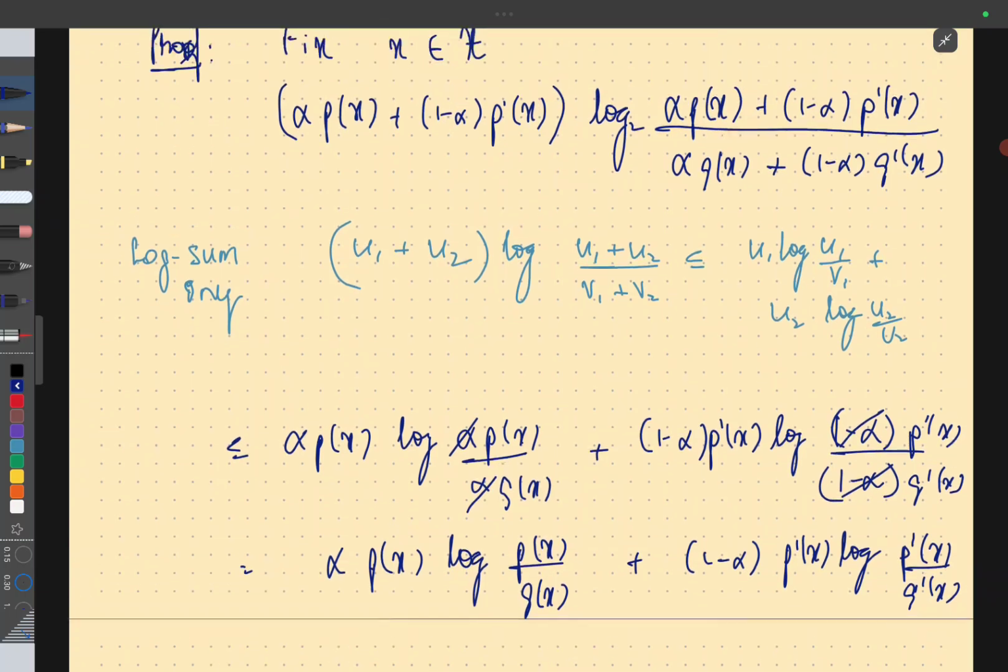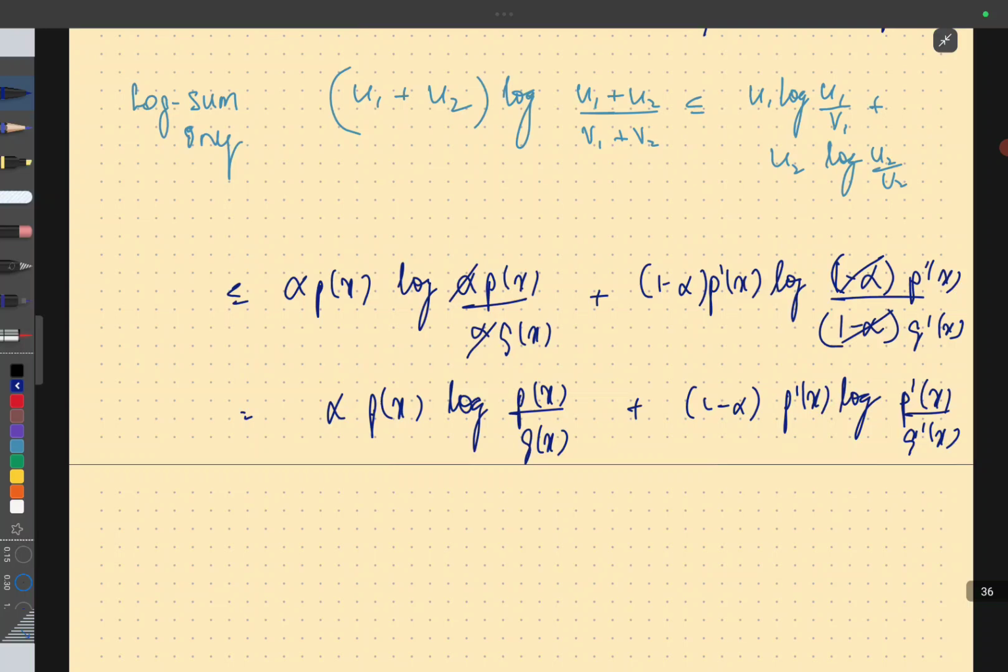If I sum over all possible x, the left hand side is nothing but the KL divergence between alpha p plus 1 minus alpha p prime and alpha q plus 1 minus alpha q prime. Whereas the right hand side is alpha times the KL divergence between p and q plus 1 minus alpha times the KL divergence between p prime and q prime. All right, so that just completes the proof.